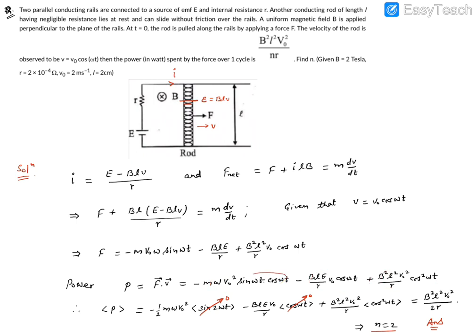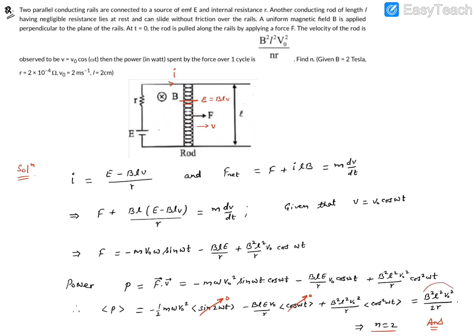The first can be written as sine of 2 omega t by multiplying and dividing by 2. The average of sine 2 omega t over one cycle, or one time period T, is 0. This is cos omega t; again the average of cos omega t for a cycle becomes 0. This is cos square omega t; the average of cos square over one cycle is half.